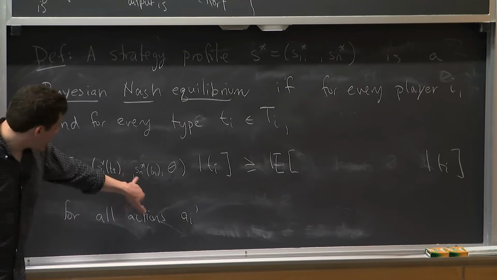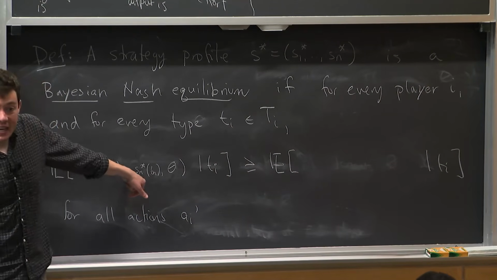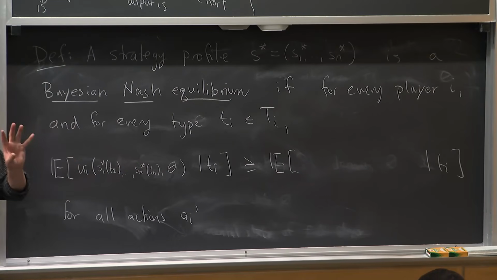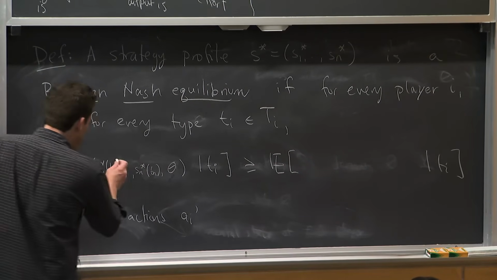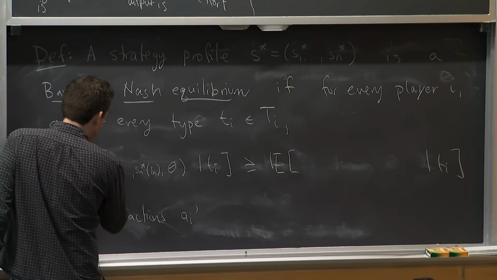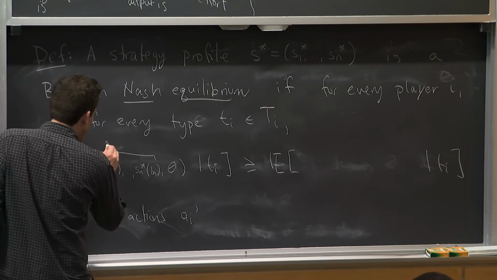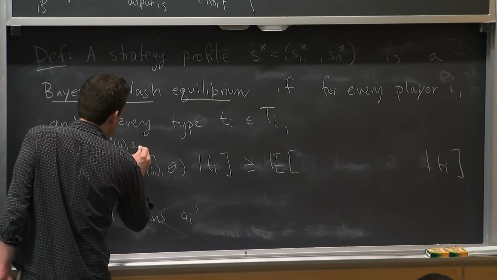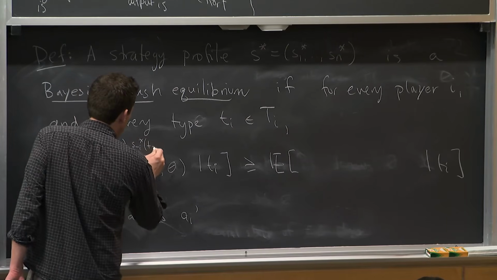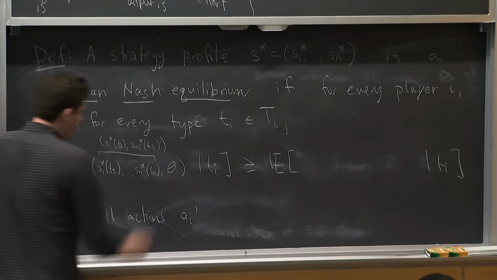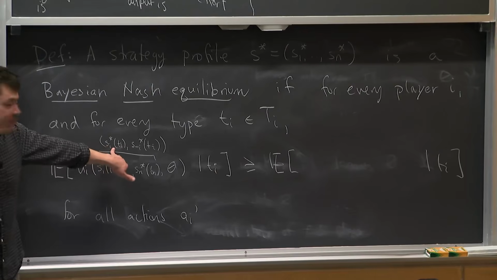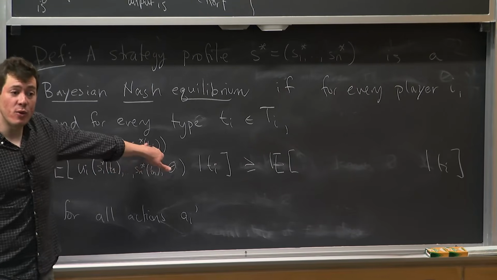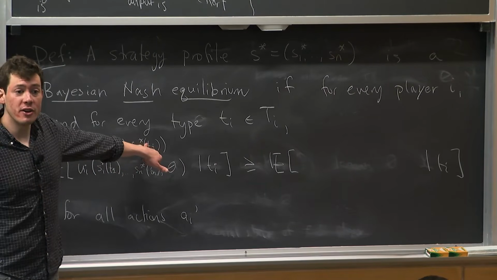It's a little tricky that the ith component is hidden amongst the rest, so I want to reorganize this a little. Another way of writing this, which is useful, is si star of ti, comma s negative i star of t negative i. This is just notation where I put player i first and group everyone else together.